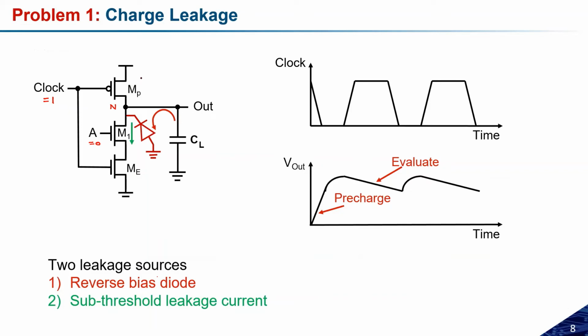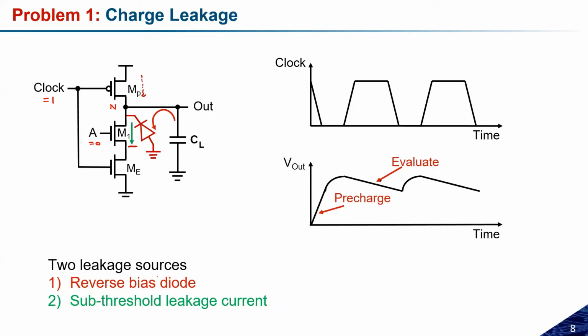So the subthreshold current of M1 will try to discharge, but the subthreshold current of MP will try to charge this dynamic load. So somehow this level can be maintained.